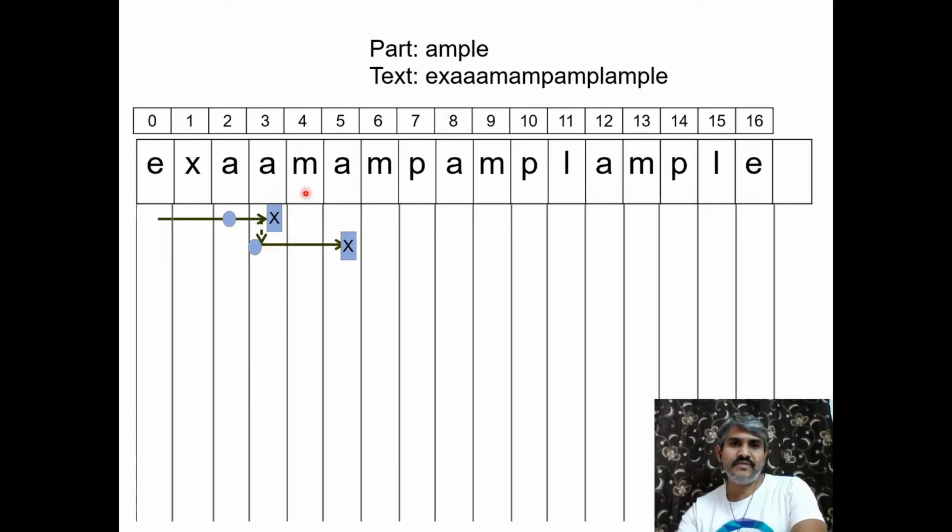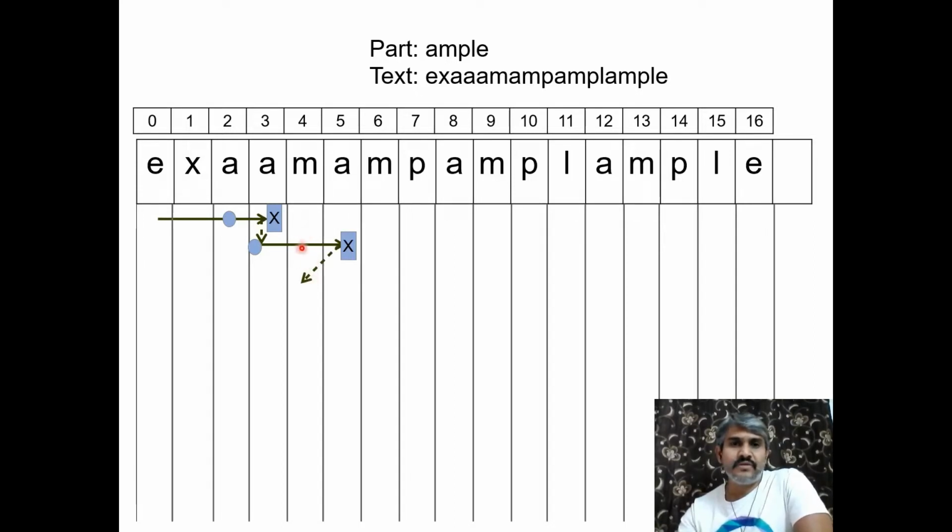We have A, we have M, but the fifth character, which we expected to be P, is not P, but it is A instead. So we break our search. We know that we could not find ample starting at position 3 over here. So we actually then start at position 4.